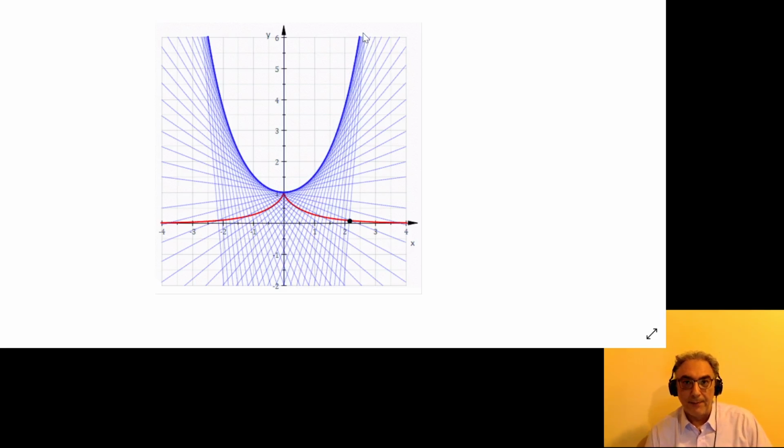Under gravity, the chain gets this particular shape, which is given by the arithmetic mean of two real exponential curves.